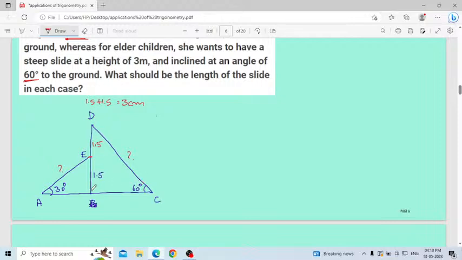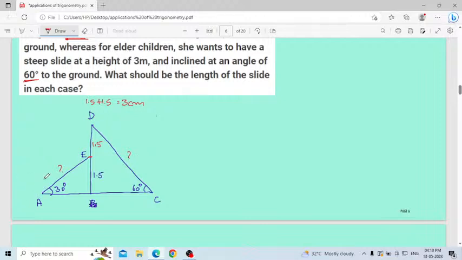Then the height of the slide is given as 3. Then what you have to calculate here? Calculate the length of the slide. What should be the length of the slide in each case? I think everyone understood the problem. If you understood the problem, solving will be very easy.